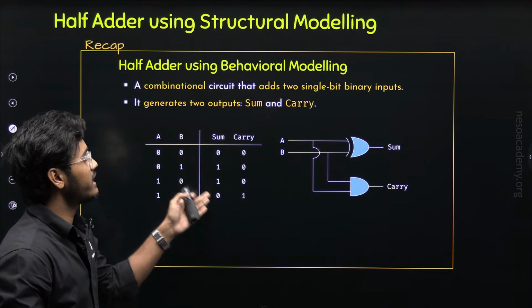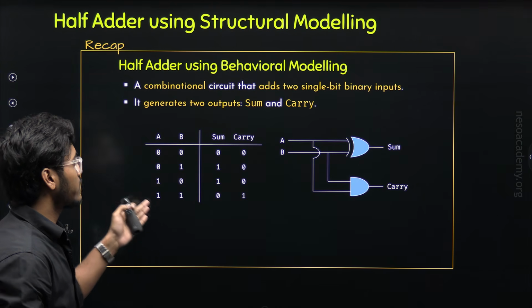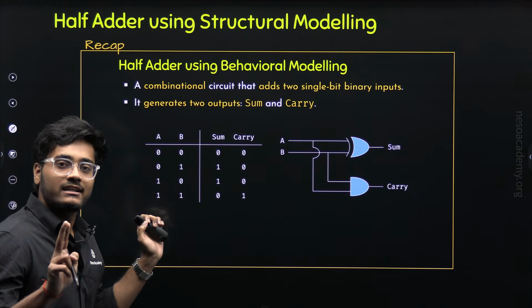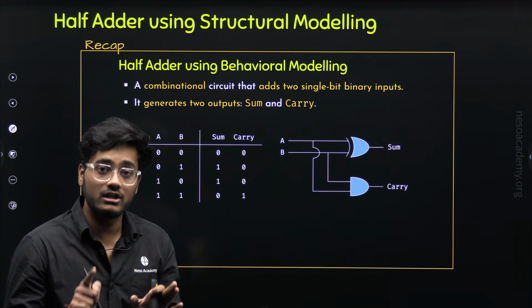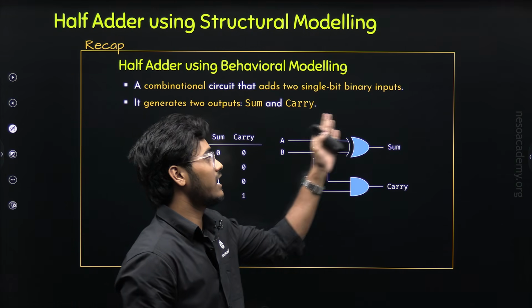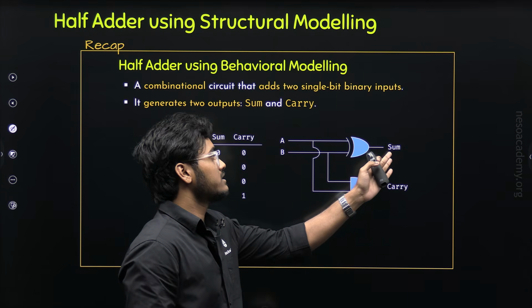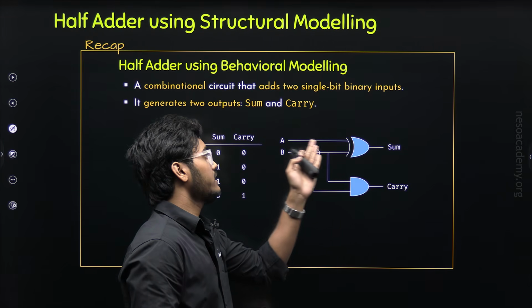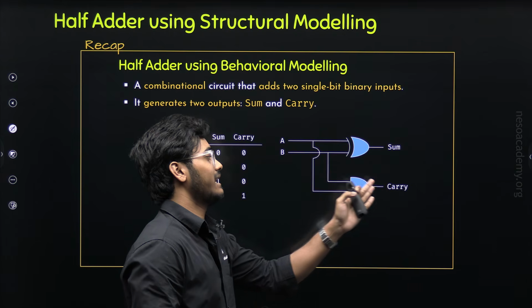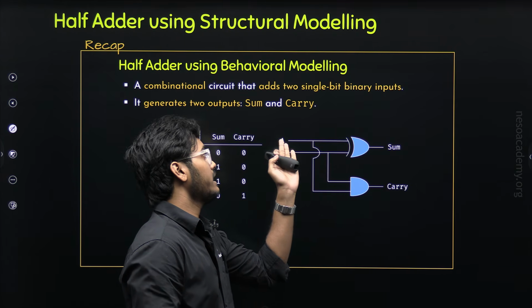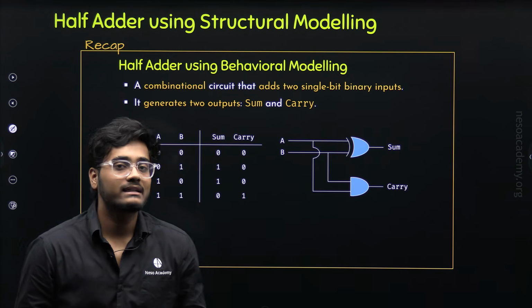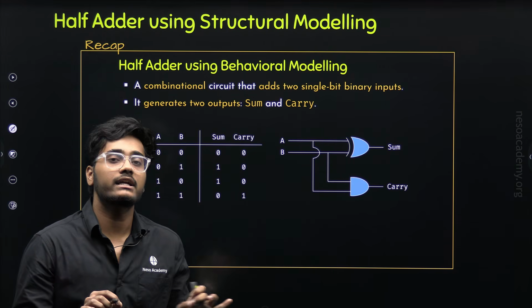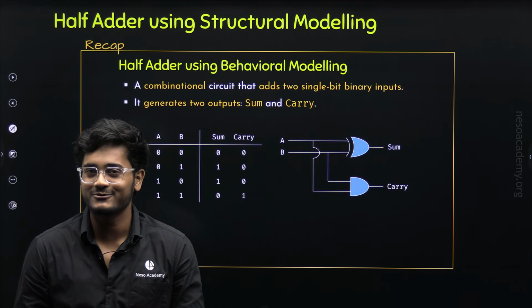And these are the respective outputs for these four input combinations. Now, using this truth table, we have already constructed the logic diagram of the half adder, where sum is equal to A XOR B and carry is equal to A AND B. So, we will implement this half adder using structural modeling in Vivado.